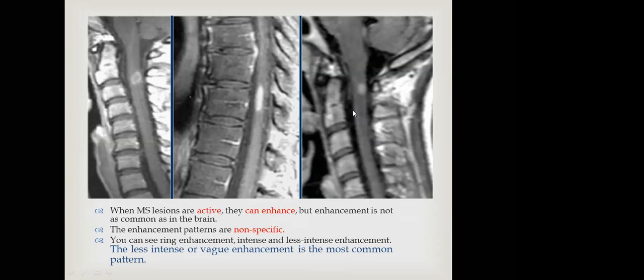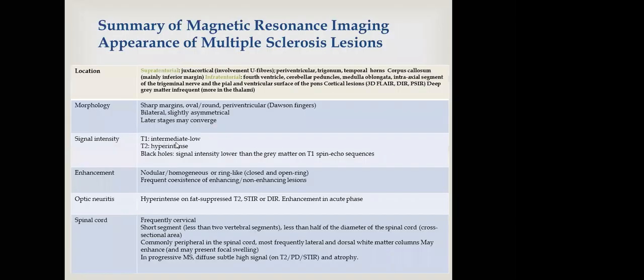The morphology is sharply marginated, oval or round, bilateral, slightly asymmetrical, with signal intensity low or intermediate in T1 and hyperintense in T2. Enhancement is nodular, homogeneous or ring. Optic neuritis may be involved. Spinal cord lesions, as we said, are mostly in the cervical region, short segment, and located in the posterolateral part of the cord.